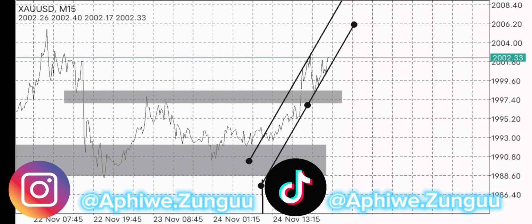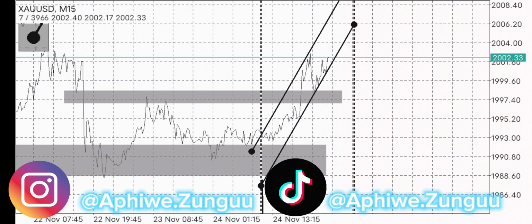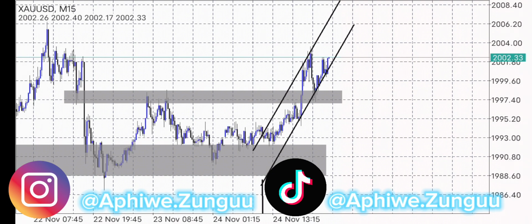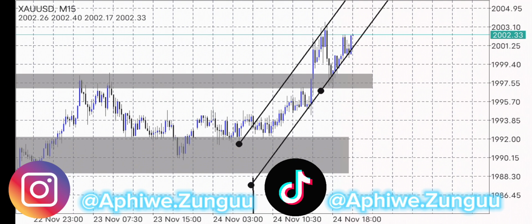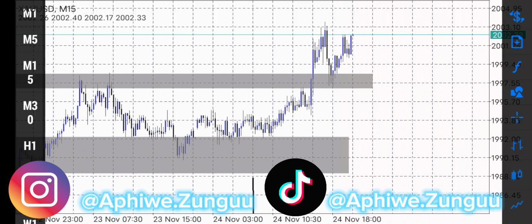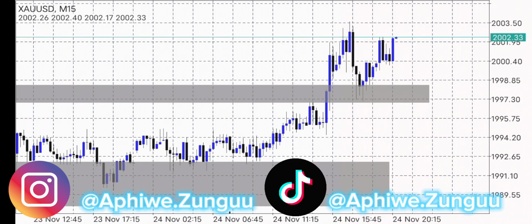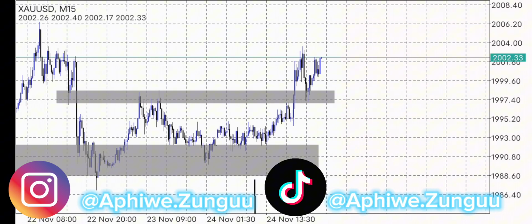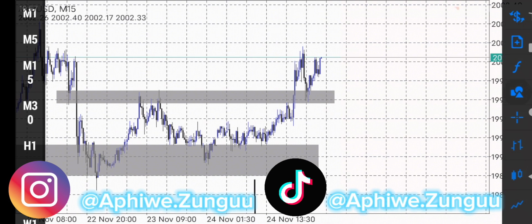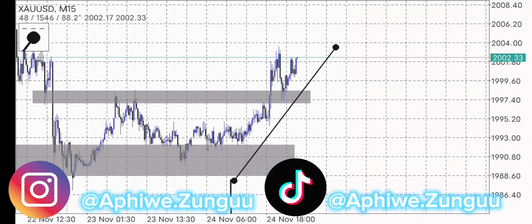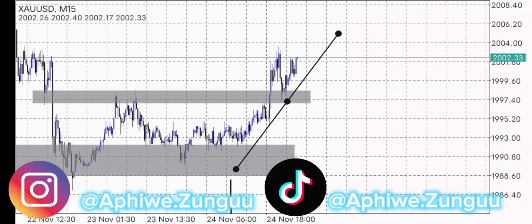It also makes you more confident in the trade when you start seeing the market actually moving in the direction that you have been anticipating. I can't force a trend right here, but I can see that gold has been moving in buys. Gold has been buying.